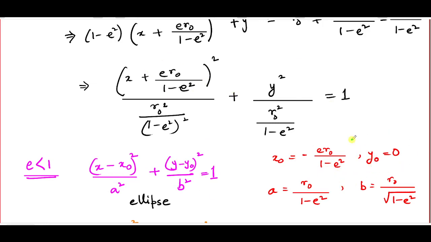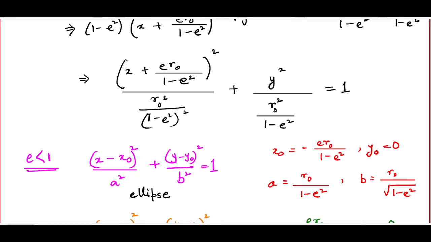There is after all nothing here with the y. a is the square root of this thing down here, so it's r0 by 1 minus e square, and b is the square root of this, that's r0 by square root of 1 minus e square. This is the standard equation for an ellipse whose center is at x0, y0, that is minus e r0 by 1 minus e square comma 0, and whose semi-major and semi-minor axes are given by these quantities respectively.